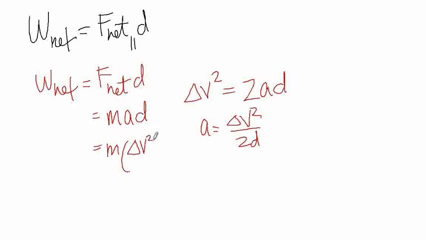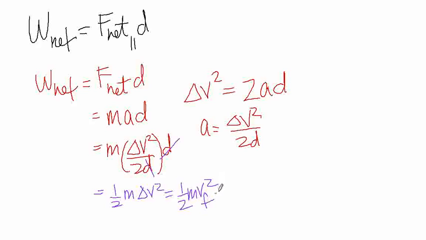So delta v squared over 2d times d, and then I can cancel out the d's, so let me move the 2 out, so let me multiply everything by 1/2. 1/2 m times delta v squared, so that's 1/2 m v final squared minus 1/2 m v initial squared, which, if you remember your kinetic energy formula, is equal to the final kinetic energy minus the initial kinetic energy, or the change in kinetic energy.